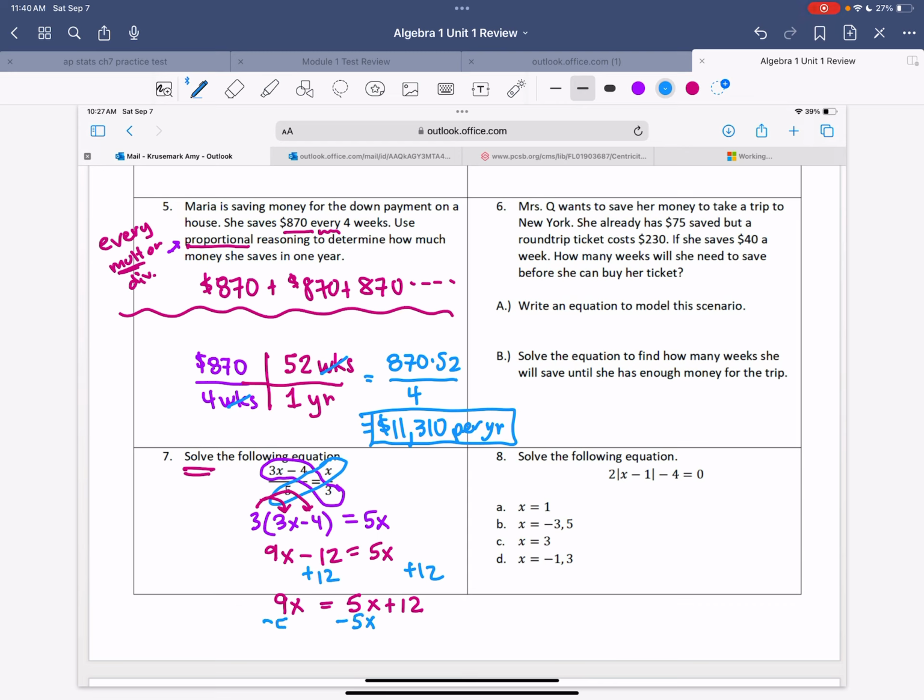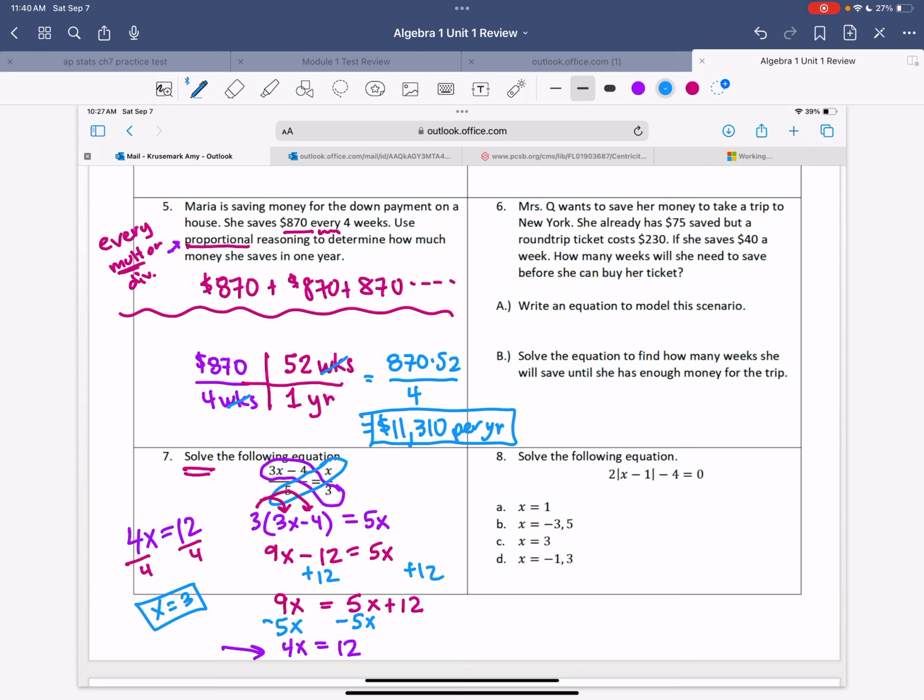So I subtract 5x on both sides. And now I can just divide, right? So 4 is being multiplied by 12. So we'll go ahead and divide by 4 on both sides. Nice work, guys.